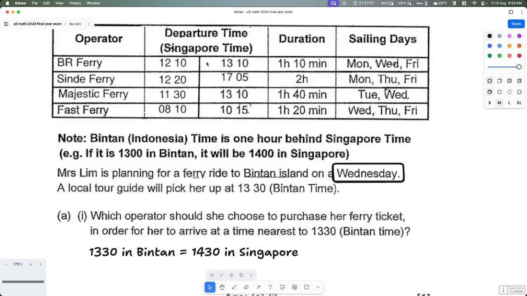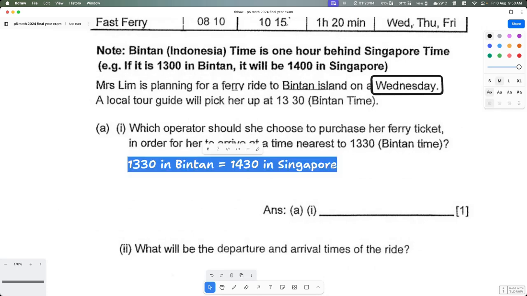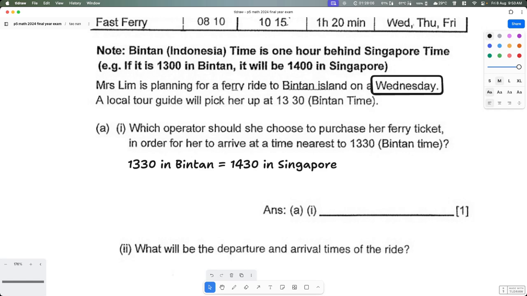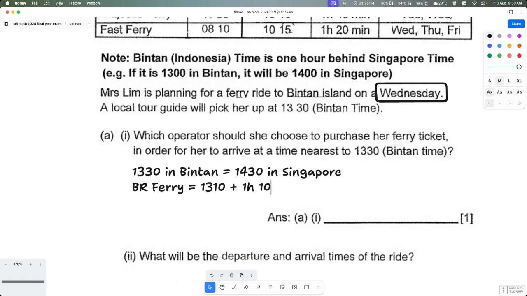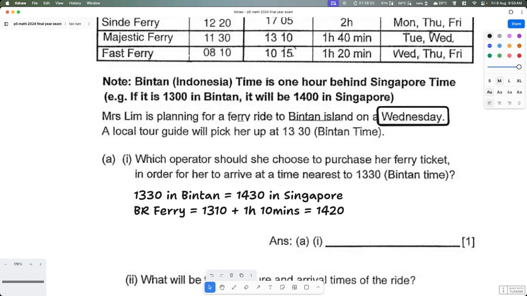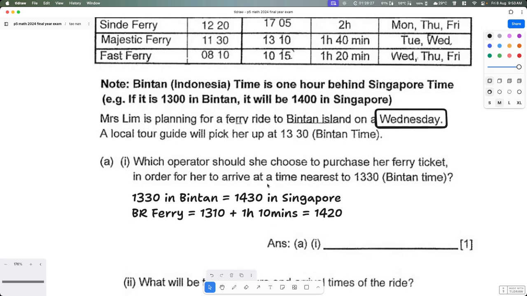For BR ferry, 1 hour 10 minutes. If I want to write down here, BR ferry, we have 1310 plus 1 hour 10 minutes. This will give us 1420, which is also very close.